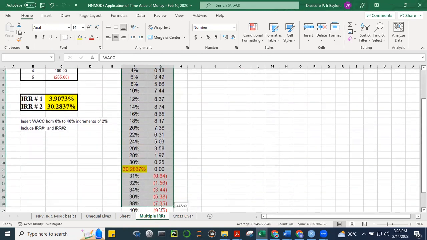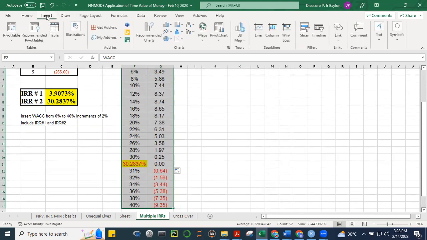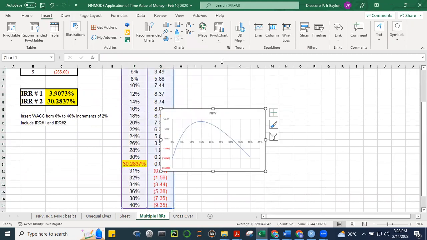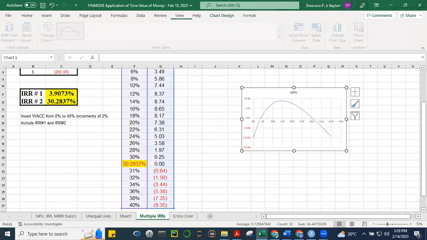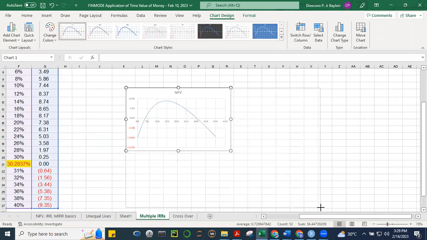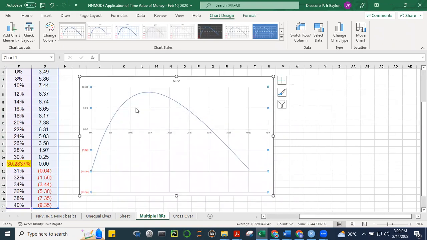I'm going to highlight this, yung WACC at saka NPV natin. So insert natin, and then ito na lang scatter plot. Alright? So plot natin siya. Tanggalin ko lang yung ano.